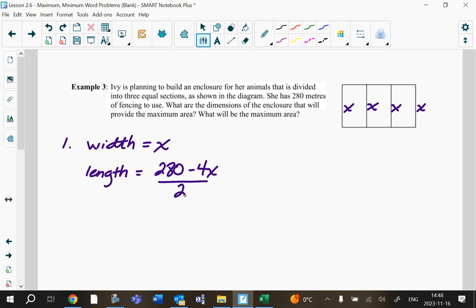Like if I said 2 lengths add up to 100, how would you find each length? Divide by 2, 50 and 50. So what's 280 divided by 2? 140 minus 4x divided by 2. Thank you.